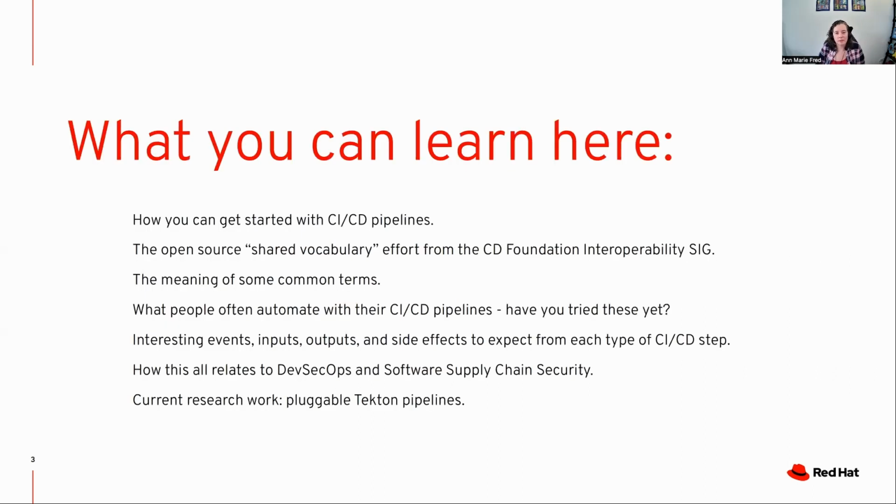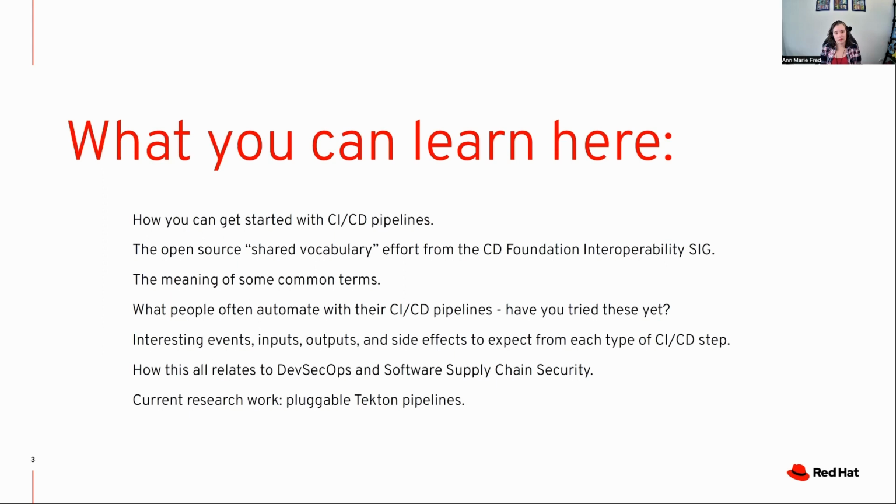So there's a few things I hope that you can learn from this talk today. First, how you can get started with CI/CD pipelines. I want to give you some shared vocabulary around CI/CD that's coming out of the CD Foundation Interoperability SIG. I'll share the meaning of some common terms, and then we'll talk about what people often automate with their CI/CD pipelines.